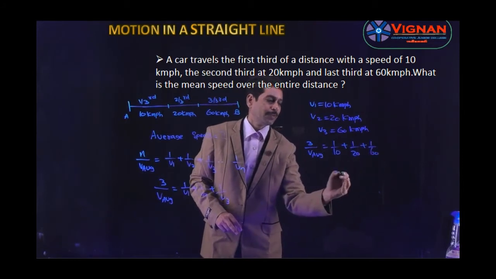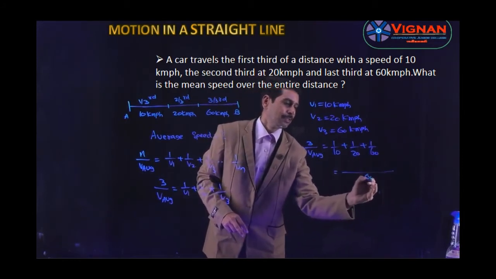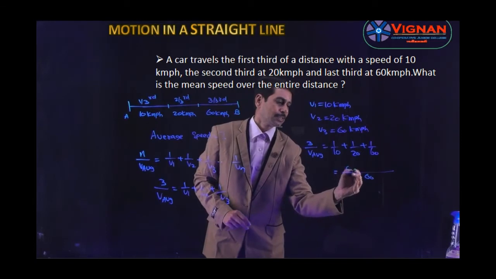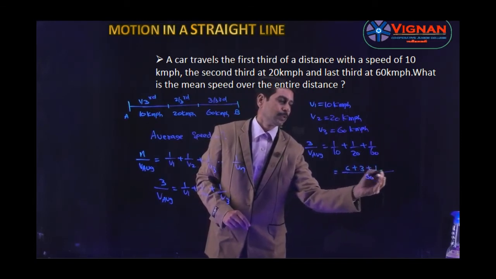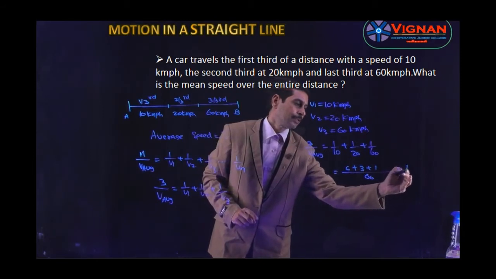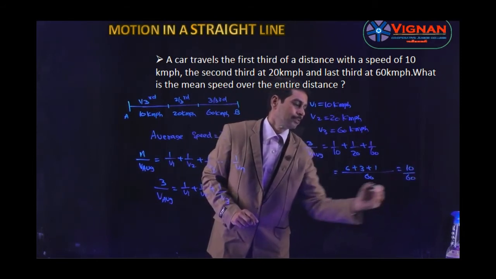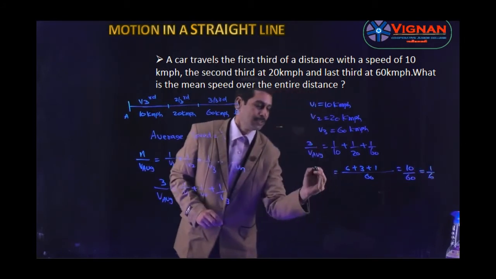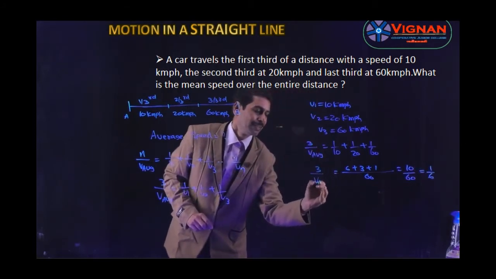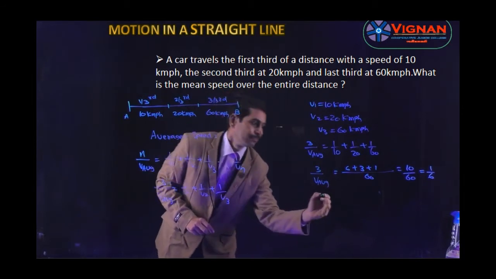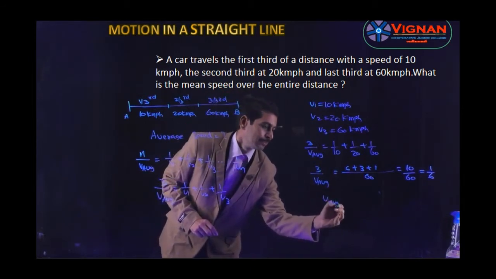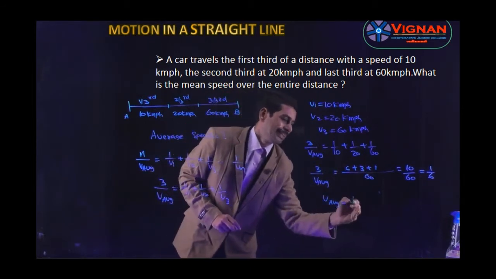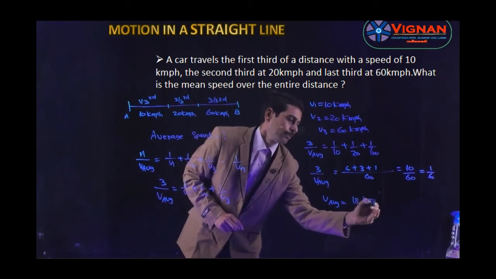Simplifying, take the LCM as 60, then we get 10 into 6 plus 20 into 3 plus 60 into 1. So this is nothing but 10 by 60, which is nothing but 1 by 6. So this is 3 by v average. Now we want v average. So by cross multiplication we get 18 km per hour.